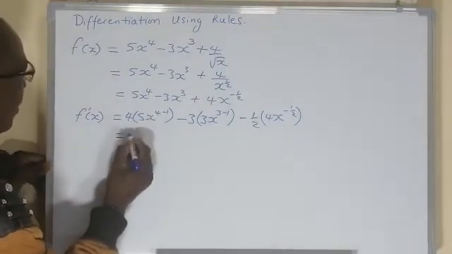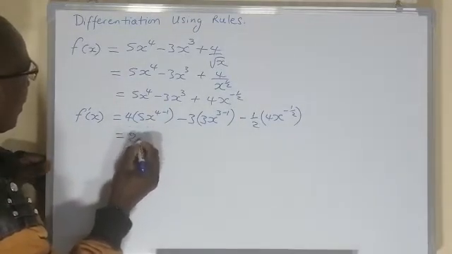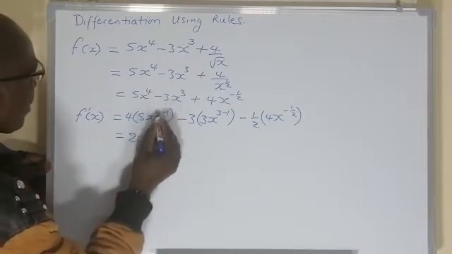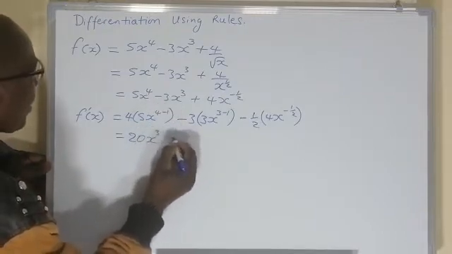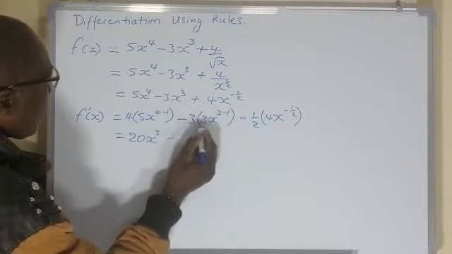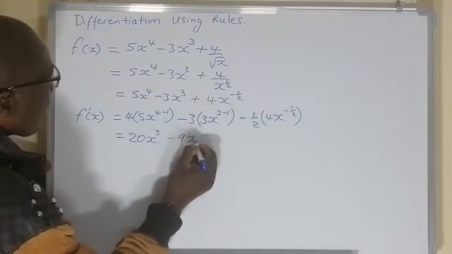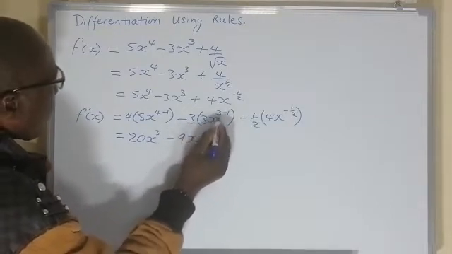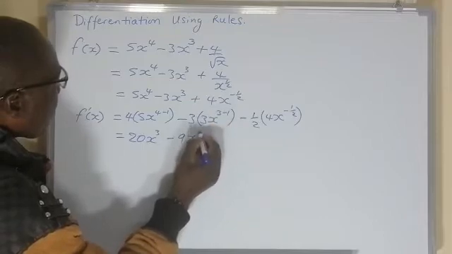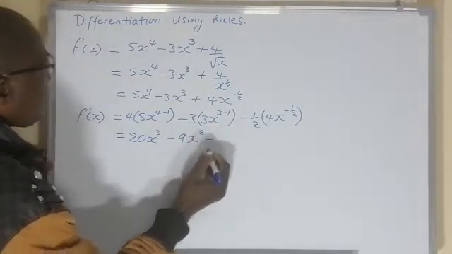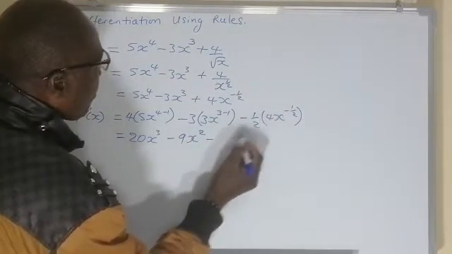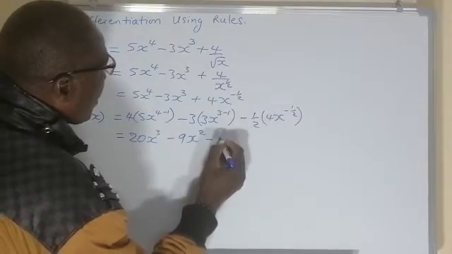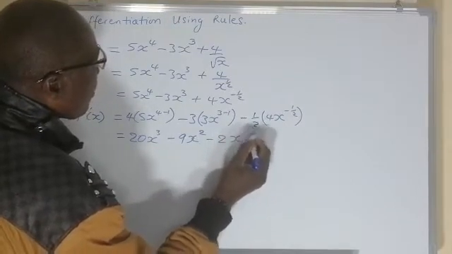This becomes 20x to the power 3 minus 9x to the power, that's minus 1, squared, minus 4 into 2, that's a 2x to the power.